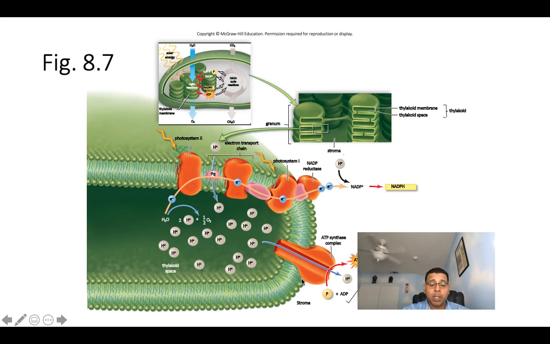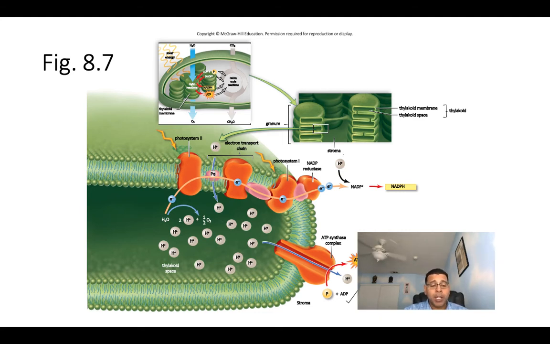When a channel is opened in the ATP synthase complex, hydrogen ions, these protons, are going to flow from the thylakoid space into the stroma, just like water flowing out of a reservoir.